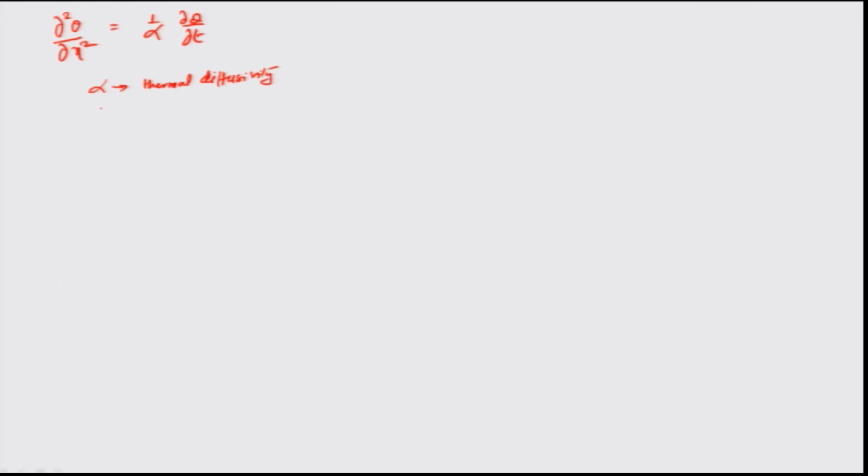So, theta is basically a function of x and time t, and this is the temperature, and we want to first try to solve for the variation of theta with respect to x and with respect to t by solution to this equation.